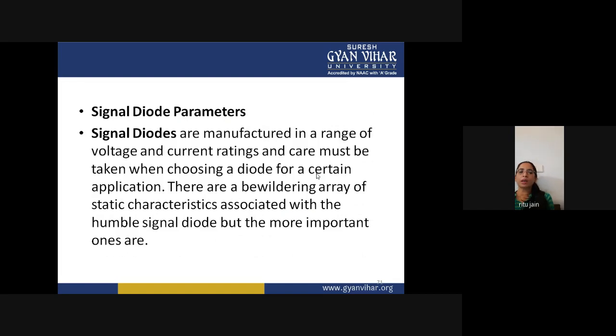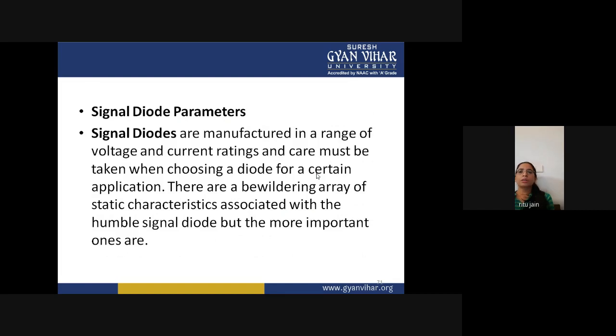In the previous slide, I told you that a signal diode has a very low range of current and voltage, so it can be used for switching purposes, because in switching or high frequency applications the losses will be less.